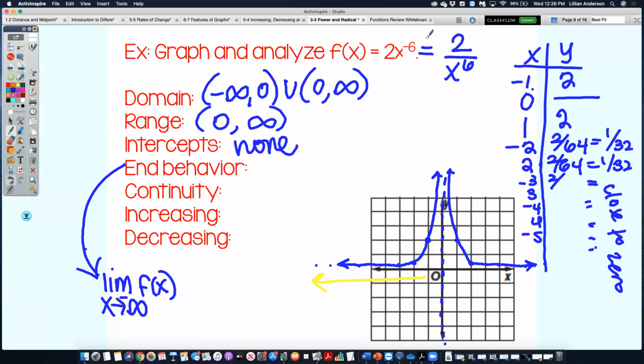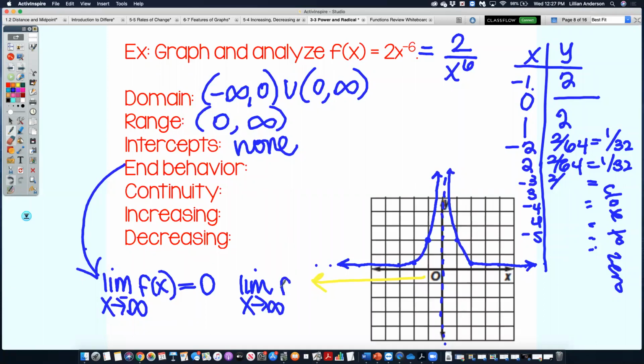They are decreasing, but to what value? 0. They're getting closer to 0. Think about it. Remember, when we're at -1, we're at 2. When we're at -2, we're at 1/32. When we're at -3, we're again getting a number that's closer and closer and closer to 0. So that is our end behavior as x is approaching -infinity.